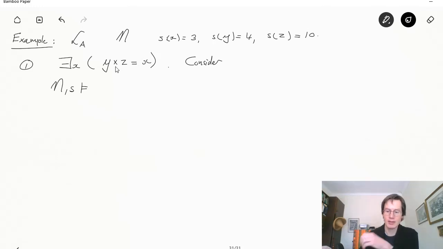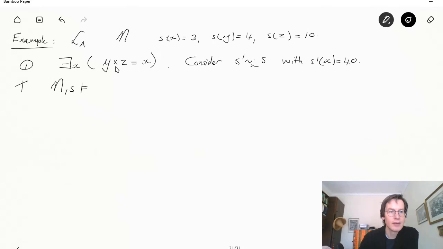That's quite easy. Consider the x variant S prime of S with S prime of x equal to 40.